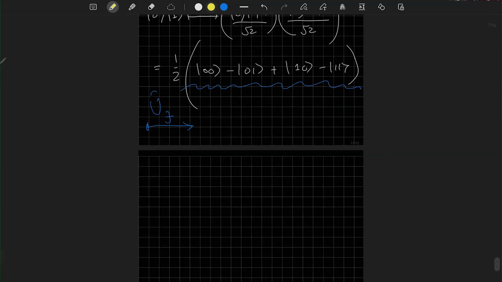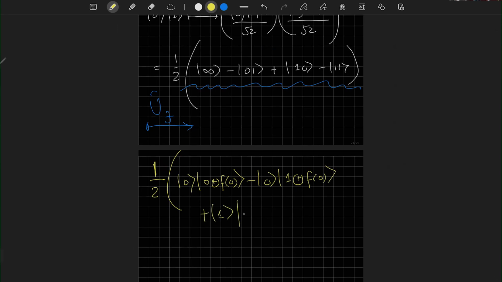So I just go to the next page, and I get ket 0, 0 exclusive OR with f of 0, minus ket 0, 1 exclusive OR with f of 0, plus ket 1, 0 exclusive OR with f of 1, minus ket 1, 1 exclusive OR with f of 1.